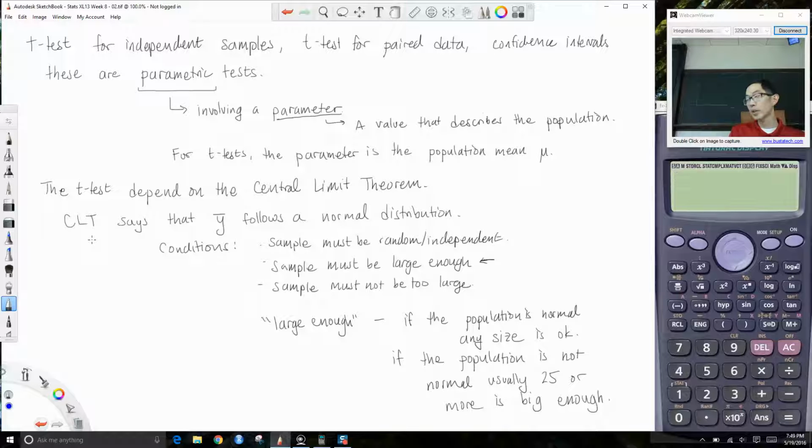To deal with this, there's a whole subfield of statistics called nonparametric statistics, which tries to see how we can analyze data without putting these kinds of assumptions on the populations, okay?